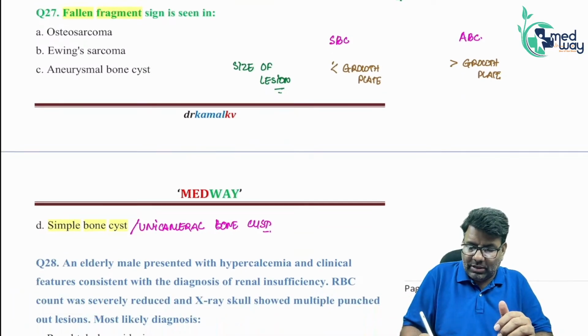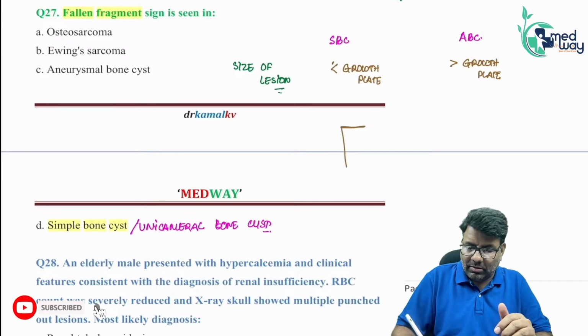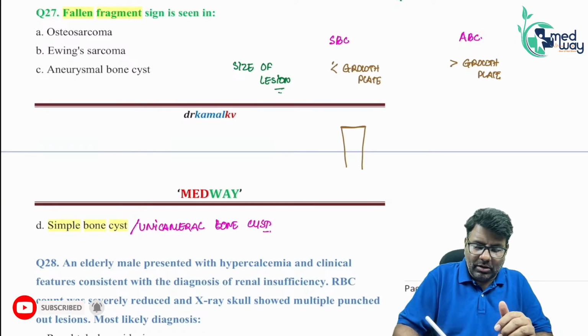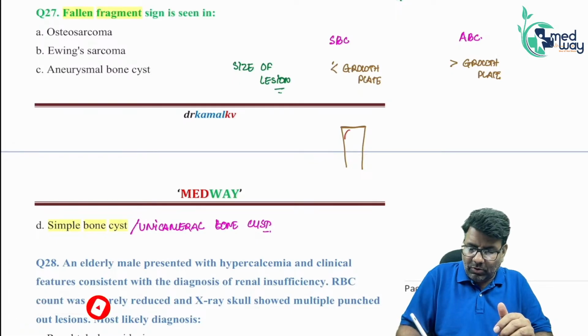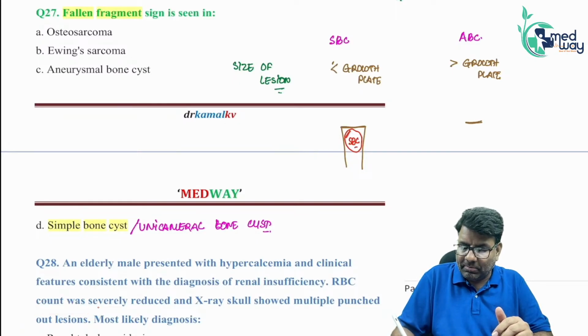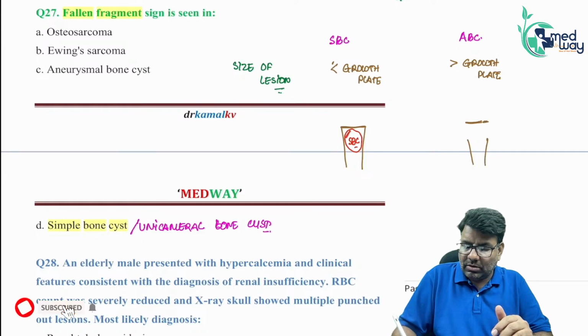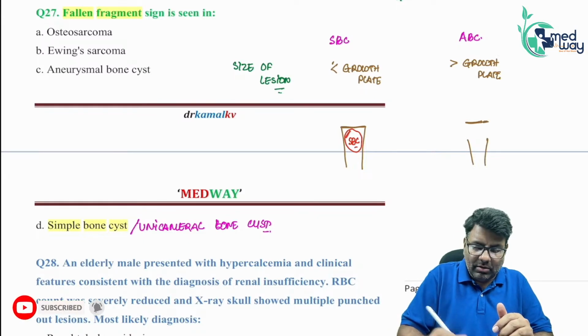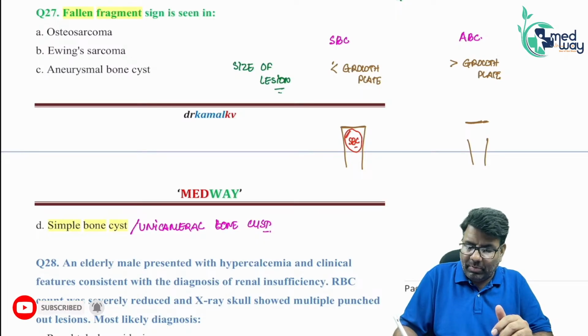So suppose this is the growth plate, something like this, and this is the metaphyseal region, the simple bone cyst will be something like this, the simple cyst or unicameral bone cyst. But in case of aneurysmal bone cyst, if this is the bone, this is the physis, the cystic area will be like this.